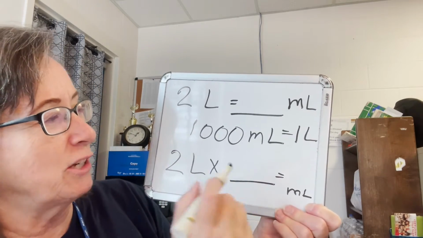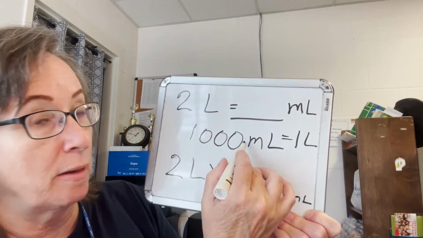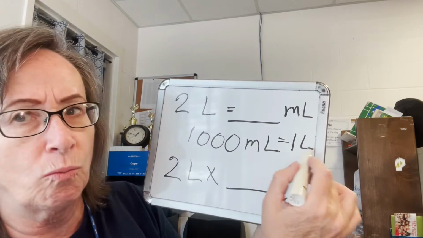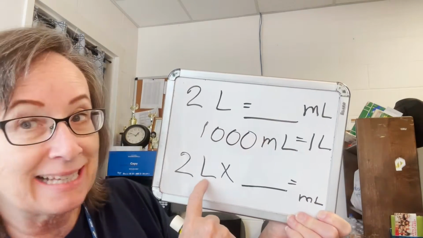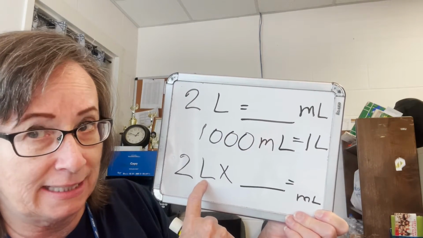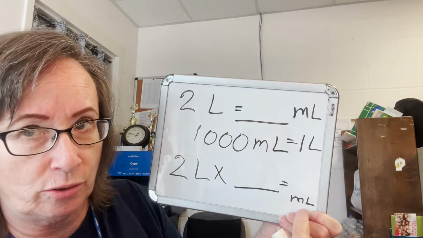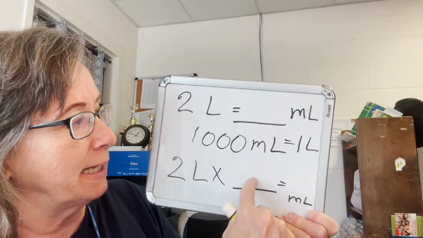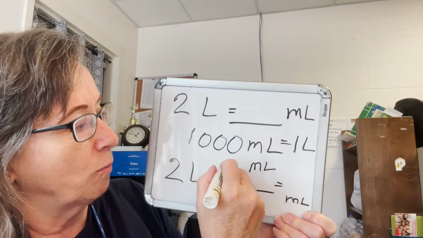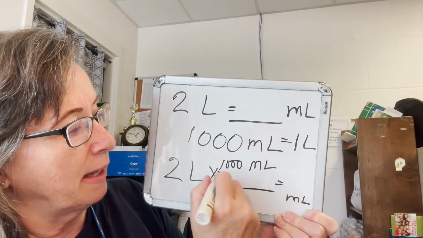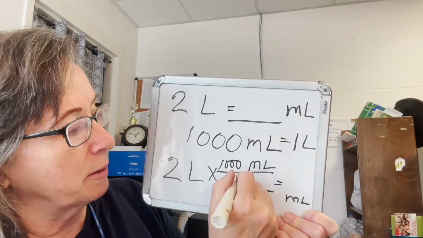So we're going to say, do we put 1,000 milliliters on top or 1 liter on top? One goes on the top, one goes on the bottom. Since I want to get rid of liters and I want to go to milliliters, I'm going to put milliliters on the top. So milliliters on the top, 1,000 of them, and 1 liter on the bottom.